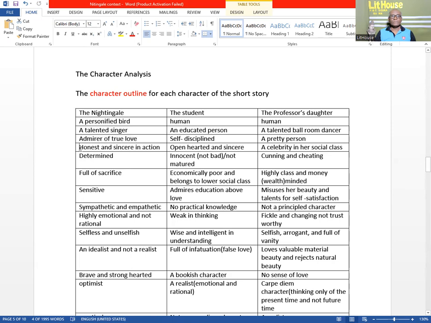Now you can use these three and all these things. You can take all these things as one paragraph. Honest and sincere in action, determined, full of sacrifice, sensitive, sympathetic, and empathetic. Because they are Nightingale's inner qualities.